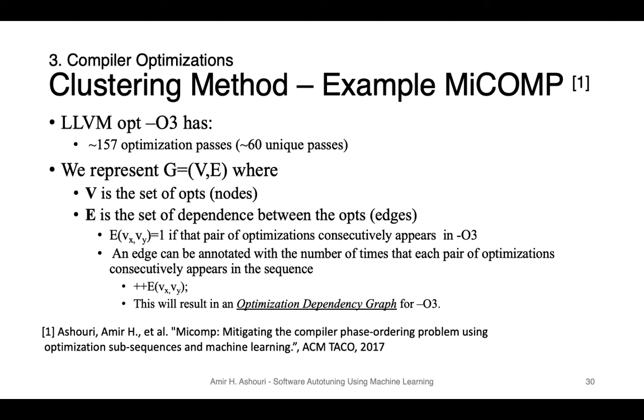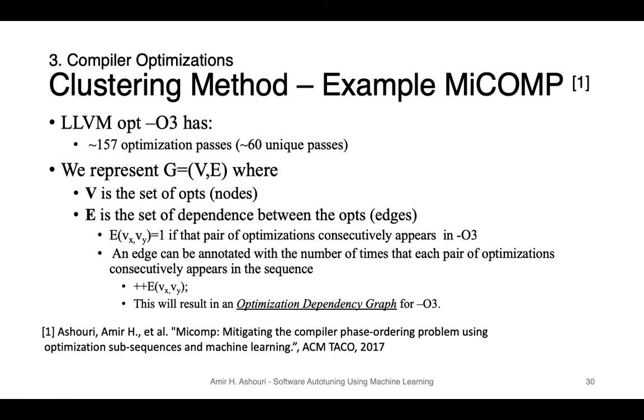So we thought, let's just start from a good enough baseline. Instead of starting from 0 and exploring in the dark, you start with already optimized flags, and let's cluster those and reorder them using machine learning. Let's see if we can outperform O3 itself. So we went through a process to construct an optimization dependency graph.